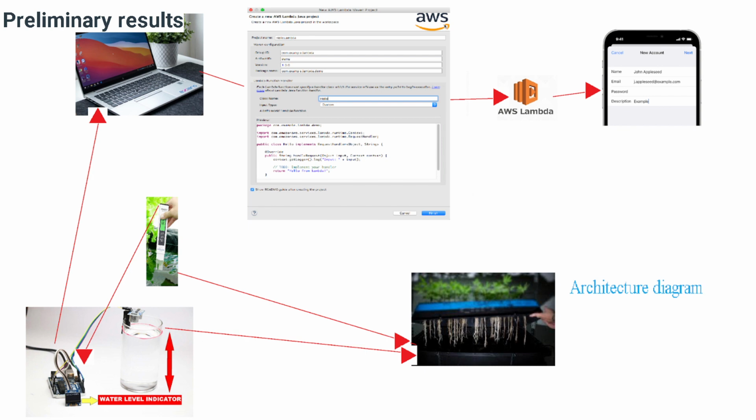So this is my architecture diagram for a prototype. It's pretty self-explanatory for the most part. I think you measure the water level with an ultrasonic sensor connected to an Arduino, connected to a laptop.